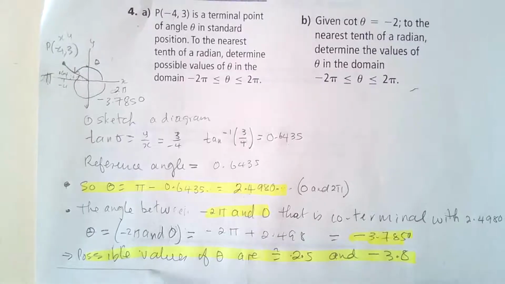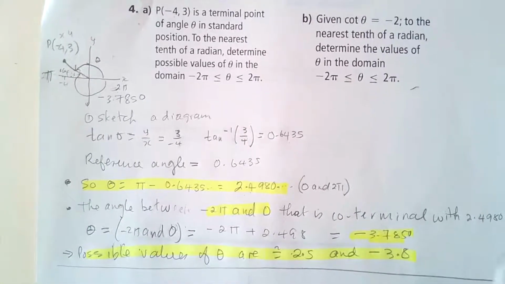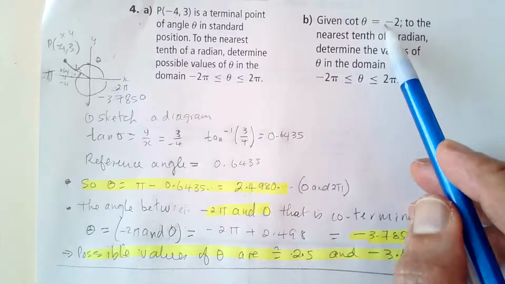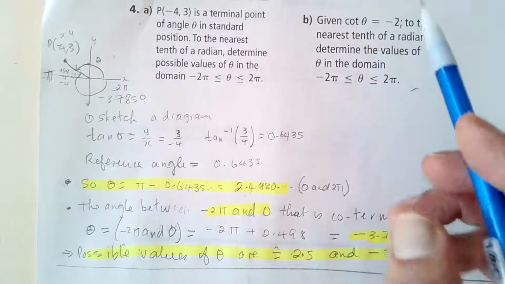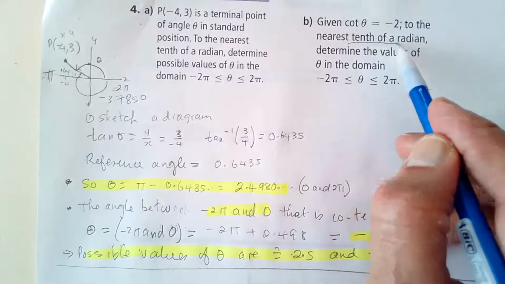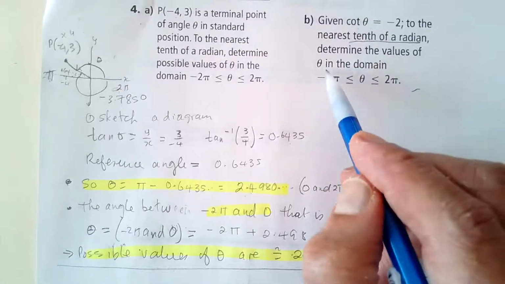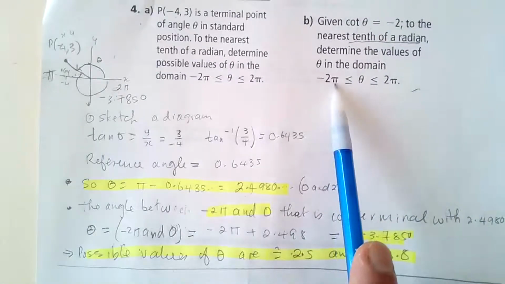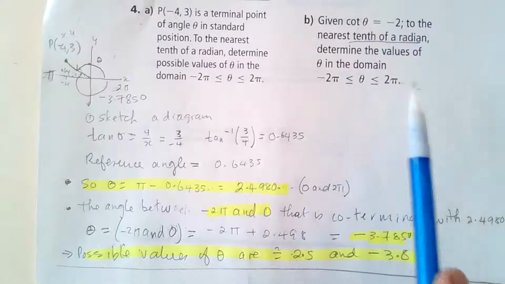Part B. Given cotan theta is negative 2, to the nearest tenth of a radian, determine the values of theta in the domain negative 2 pi to 2 pi.